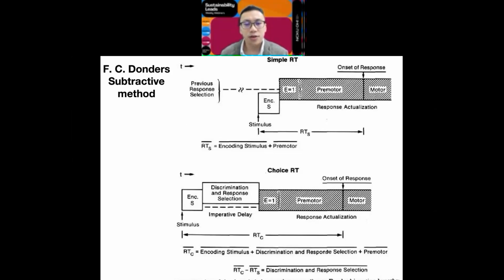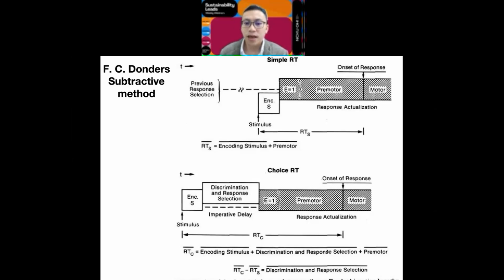But using this methodology, we have a very strong assumption, which means that all the processes are conducted in serial, and there's no time overlap between sub-processes. But serial processing is only one architecture of an information processing system.